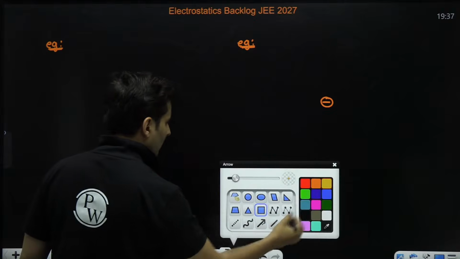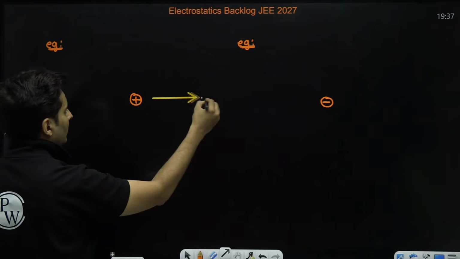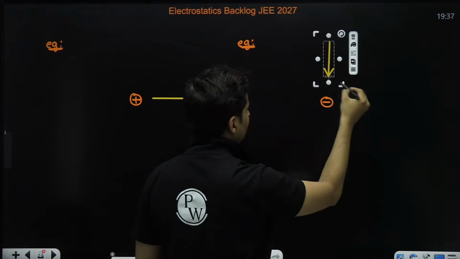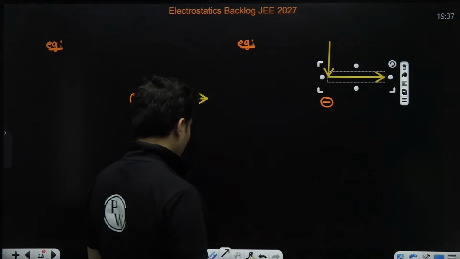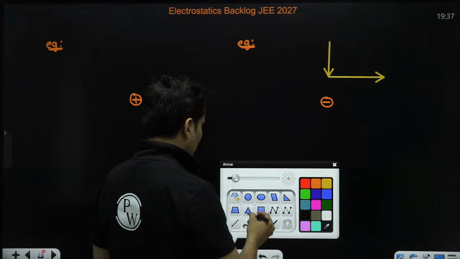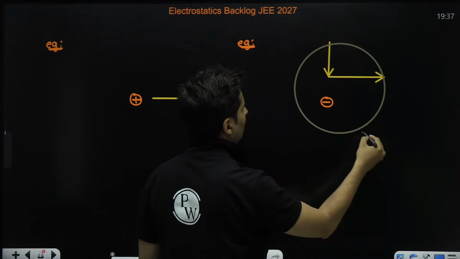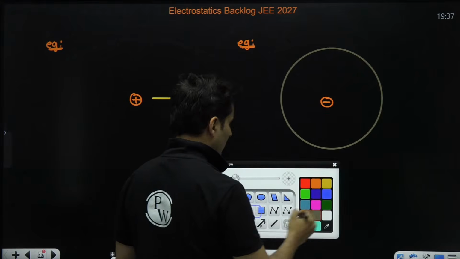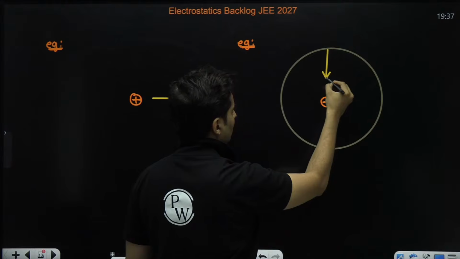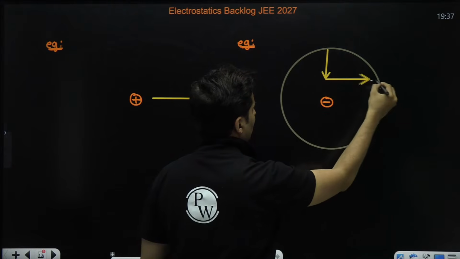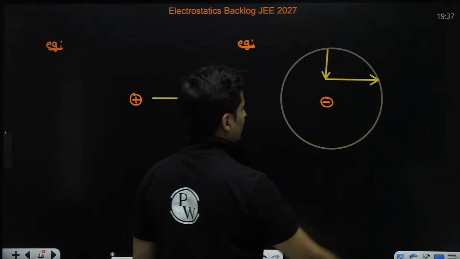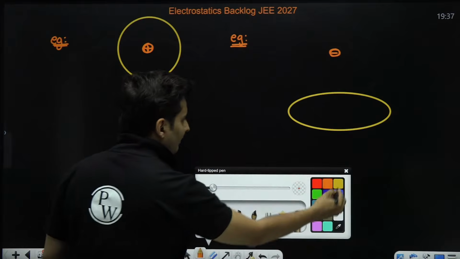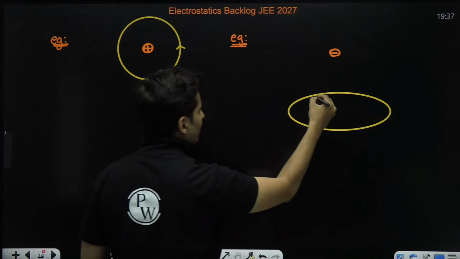Next situation. So in all these situations, you are going to predict whether positive work was done, negative work was done, etc. Okay.